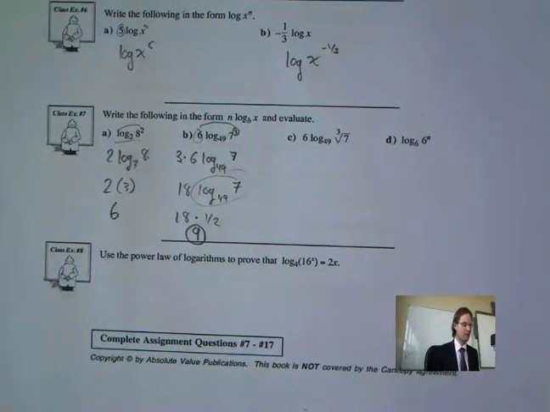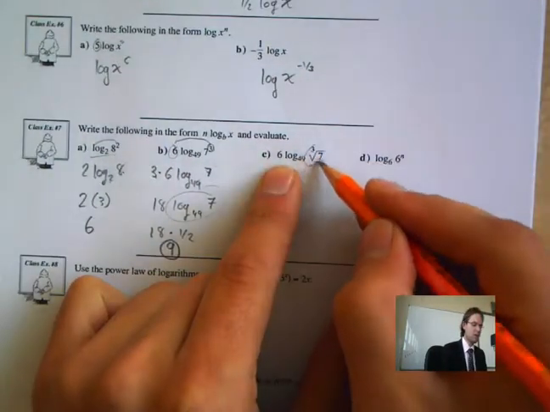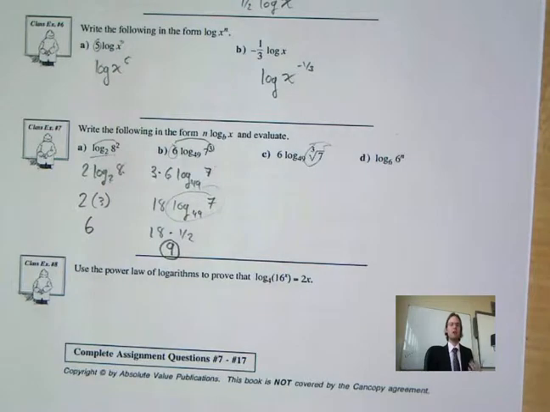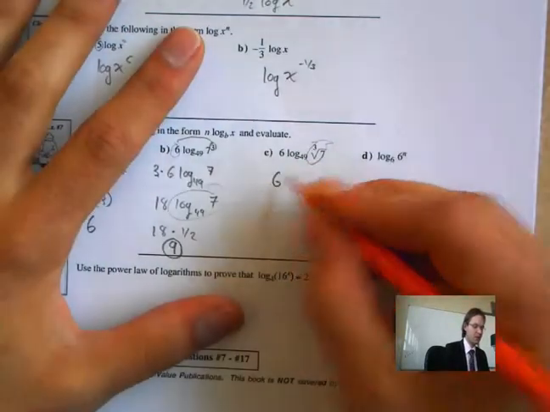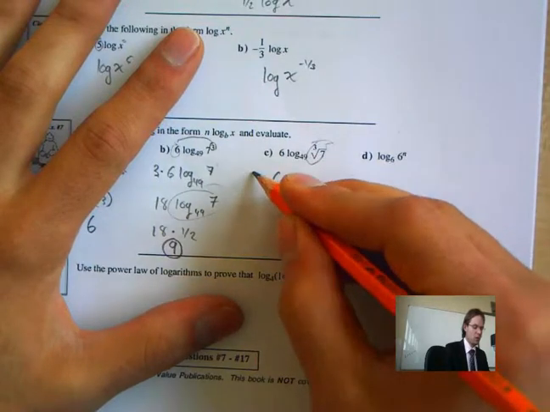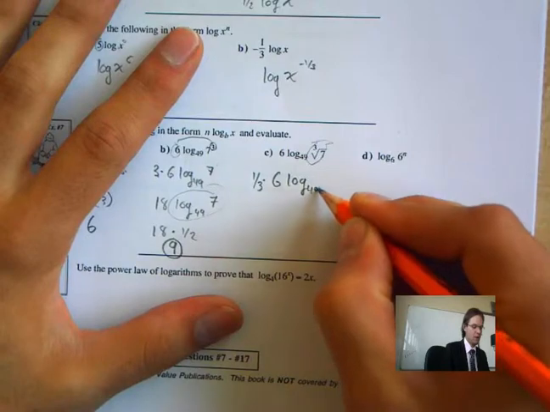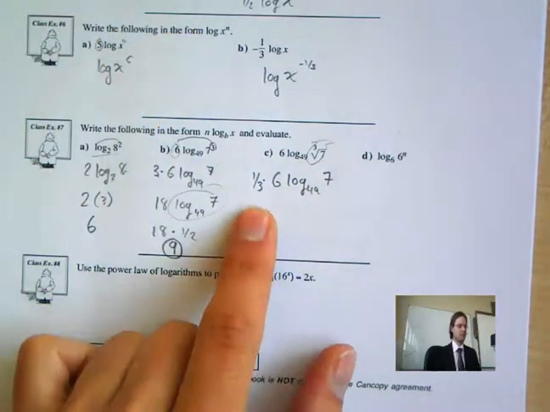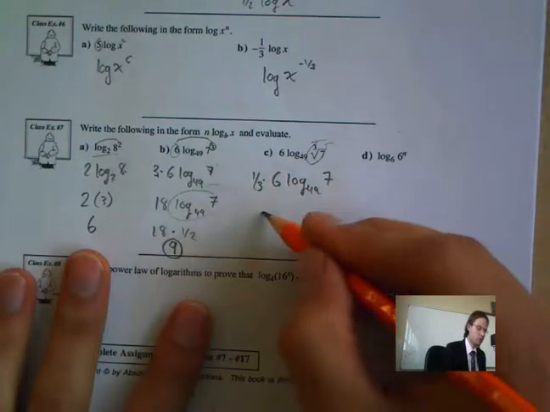Now we're on C. We have this here. Now what does this part here mean? If we say the cubed root, that's the same thing as saying 1/3. So we have 6 multiplied by 1 over 3 log base 49 of 7. Well, what's 1/3 of 6? 1/3 of 6 is 2.